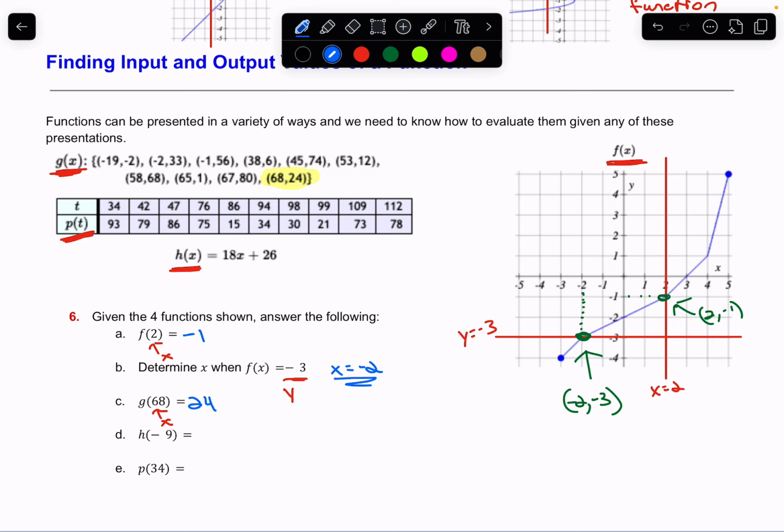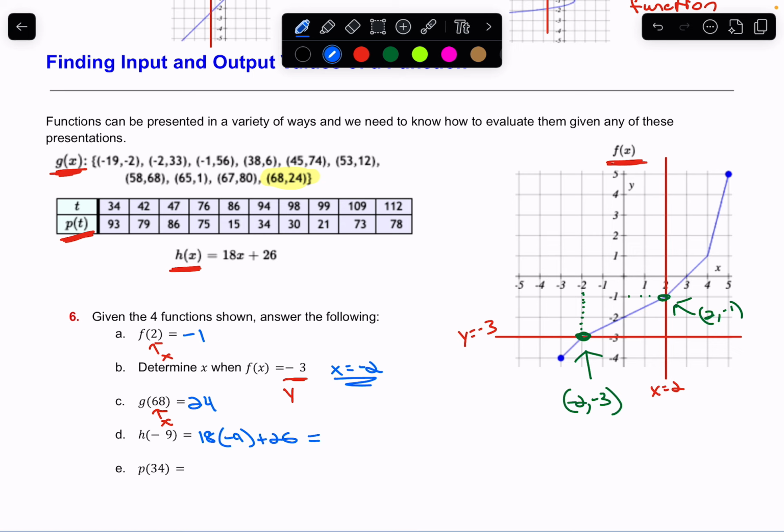For part D, we want to do h of -9. h is the equation 18x plus 26, so we actually already know how to do this one. To find h of -9, we substitute -9 in for x. So we're going to have 18 times -9 plus 26, where I'm just taking that equation of h of x and plugging in -9.